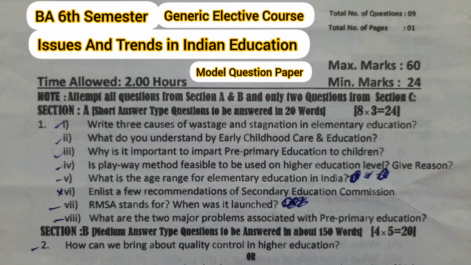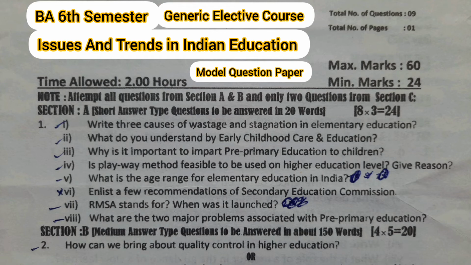Question number 1. Part 1, write 3 causes of wastage and stagnation in elementary education. Number 2, what do you understand by early childhood care and education? Number 3, why is it important to impart pre-primary education to children? Number 4, is Pillay method feasible to be used on higher education level? Give reason.